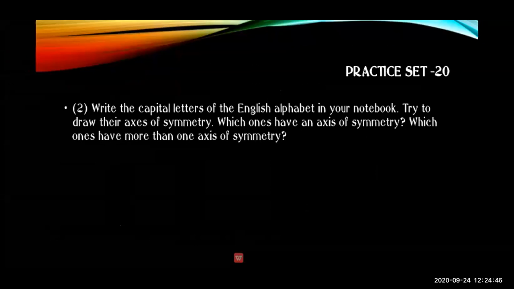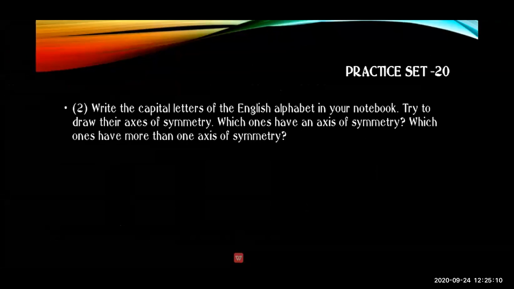Now the second question of practice set 2. Write the capital letters of the English alphabet in your notebook. Here first it is given, write the capital letters of the English alphabet in your notebook. Try to draw their axis of symmetry.